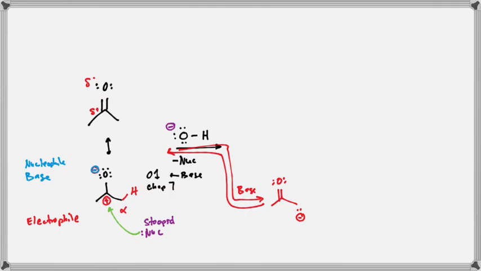Can I stabilize it? Hopefully what we would see is that we have a resonance structure. And when we go through and look at that resonance structure, that's going to change some of our interpretation.